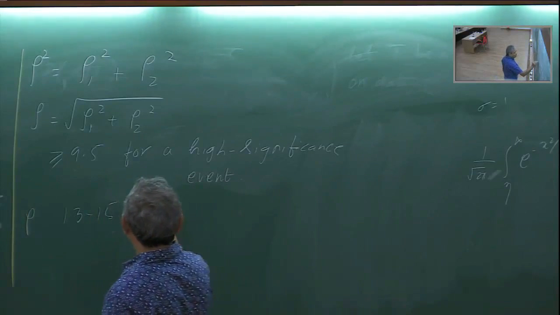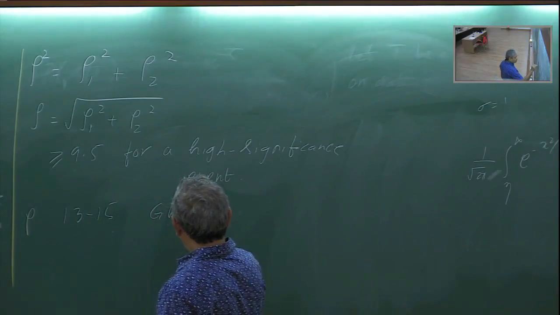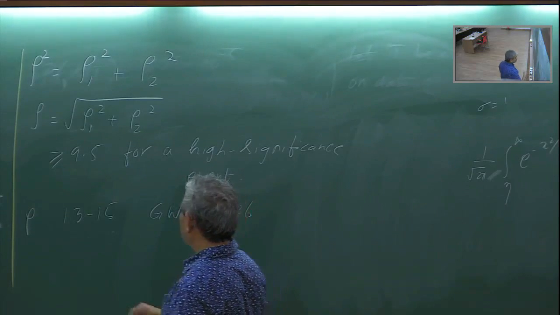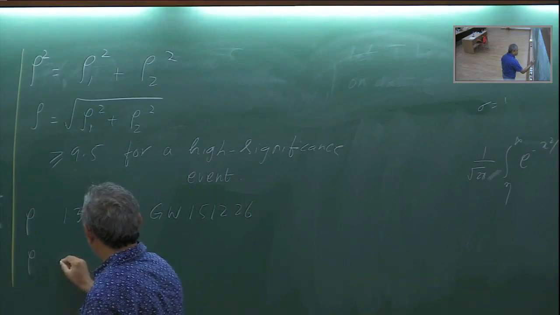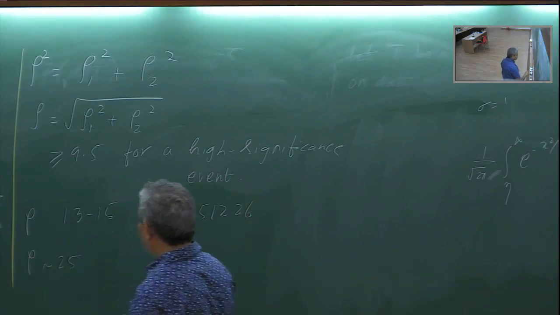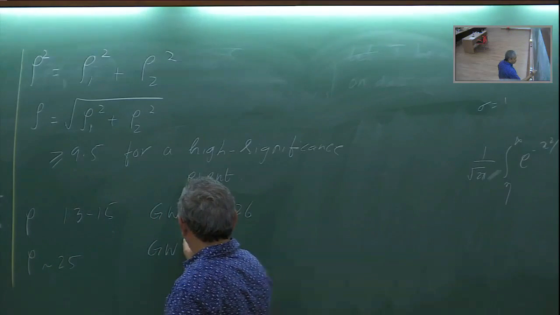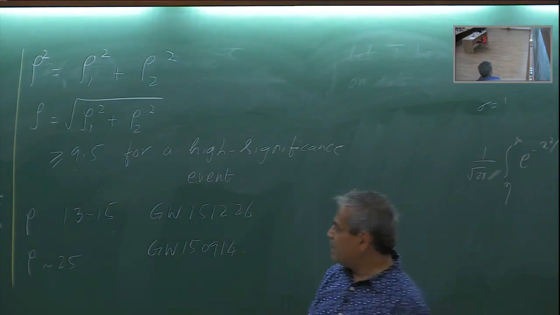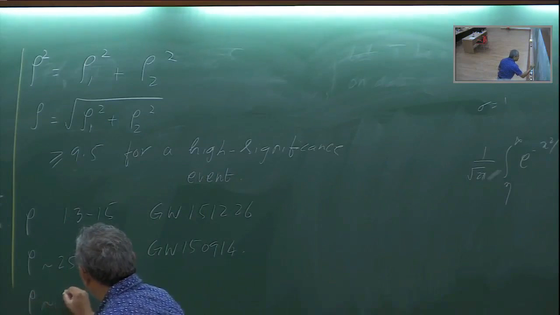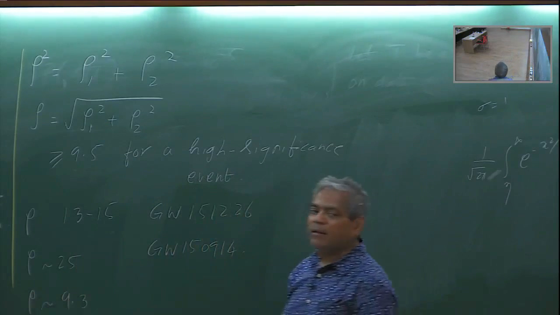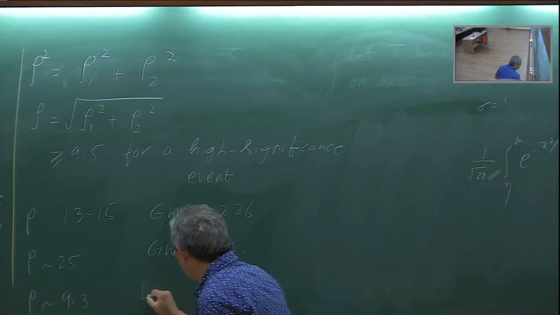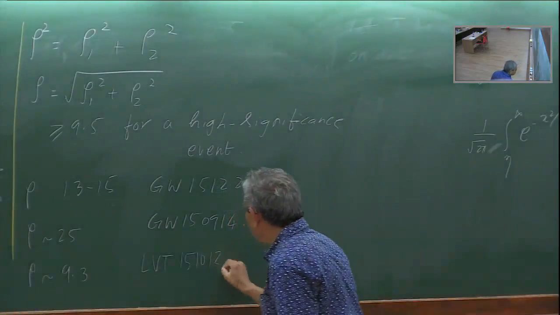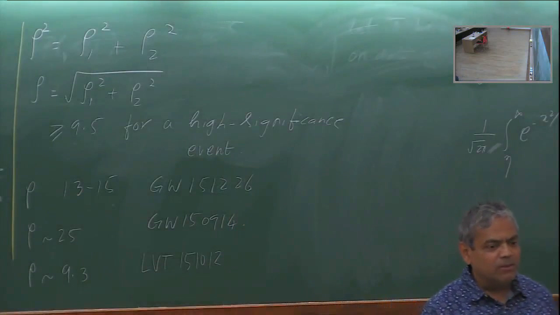This is for GW151226, whereas the rho for the first event was roughly 25 for GW150914. This is of order 9.3 for LVT151012, which is only a candidate.